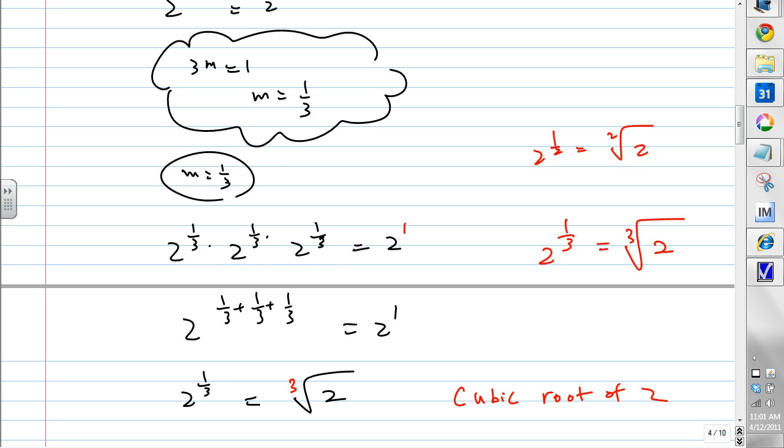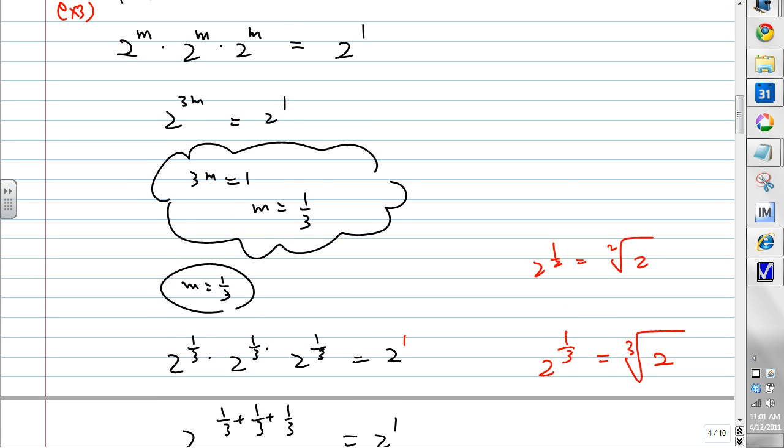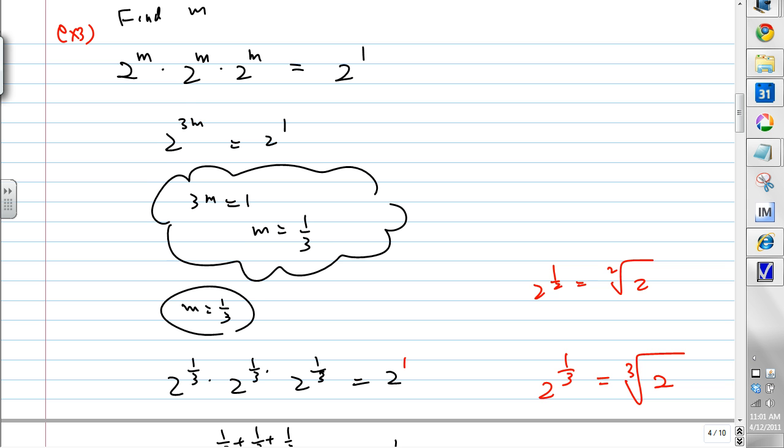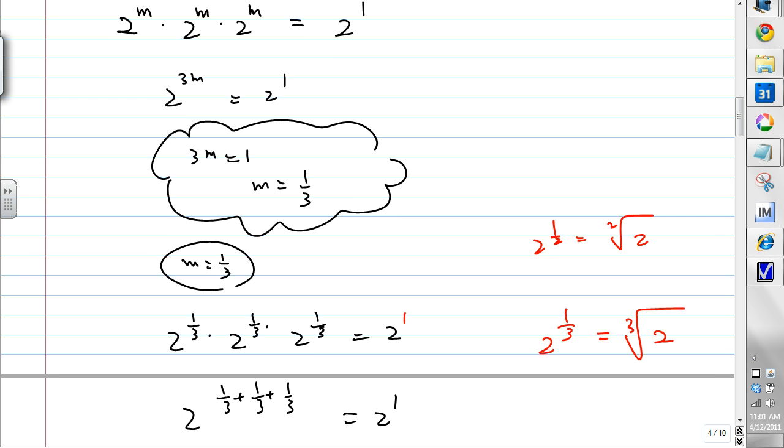Look what we found. If you go back here, you see we found m to be 1/3, right? What does cubic root really mean? I want you to be thinking about what are we really finding? What is the value of these fractional exponents? What do they really mean? We're going to get there in a minute, so just hold on to that.